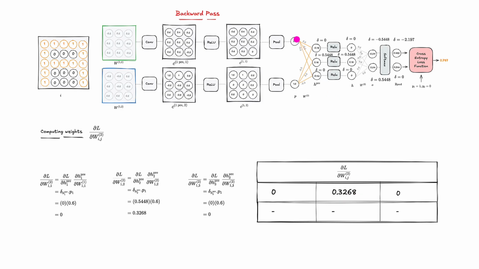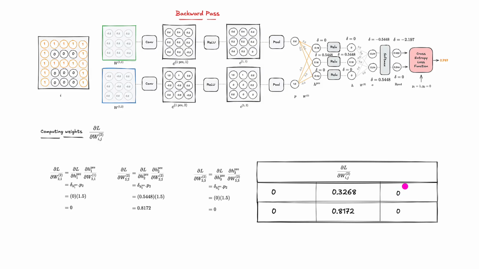Now for this 1,3, that's this weight over here. How does this change the loss? Well, it's how it changes this neuron times how this neuron changes the loss. That second term is going to be 0, right? So that's why the overall value is just going to be 0, and we log it in the table as such. And we do a similar computation for each of these other weights coming from this second neuron here. And we're going to get 0, 0.8172, and 0 here.